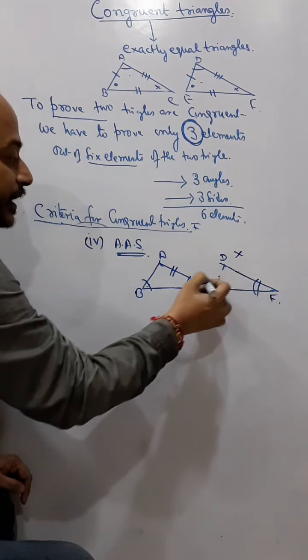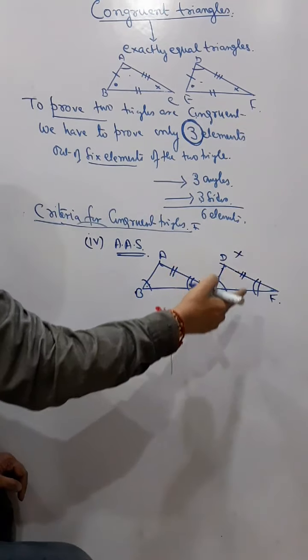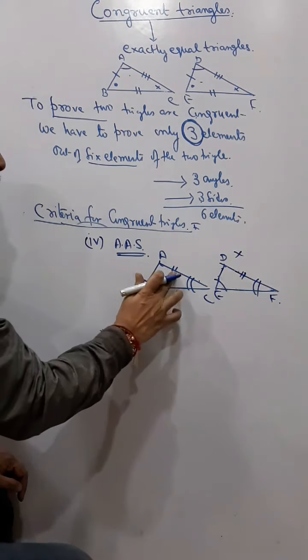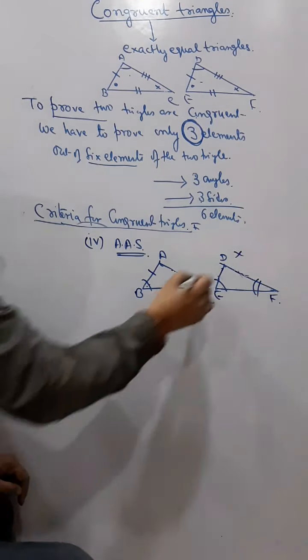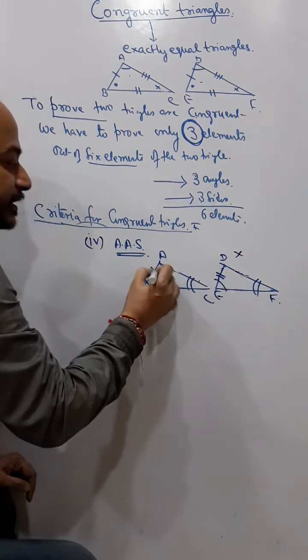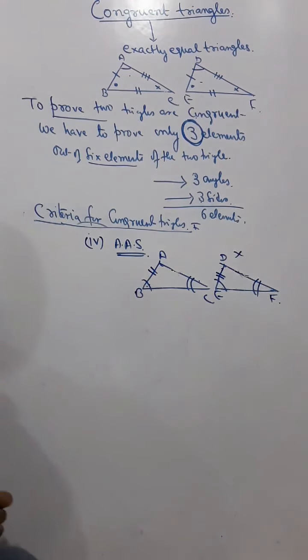So if AC equals DF, then the triangles are congruent. Or suppose this side is given equal, then it should be this side. So that is AAS.